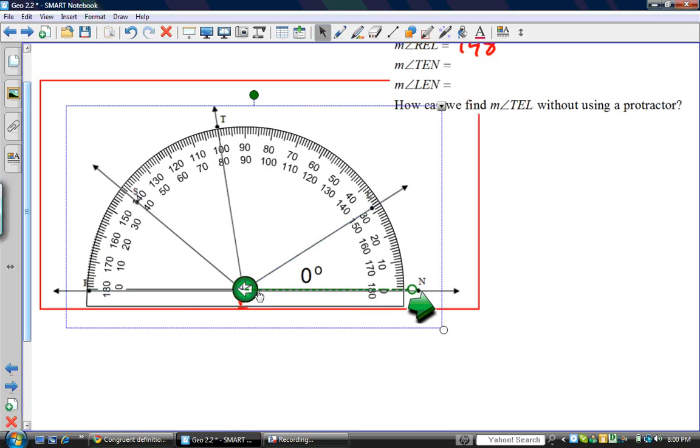Once this is lined up, I'm going to move this over to that side again. Notice how once I get straight up and down, that's 90, and I go a little bit more. So if I go past 90, that cannot be the 80 number. This one's going to have to be about 100. Looks like 100.